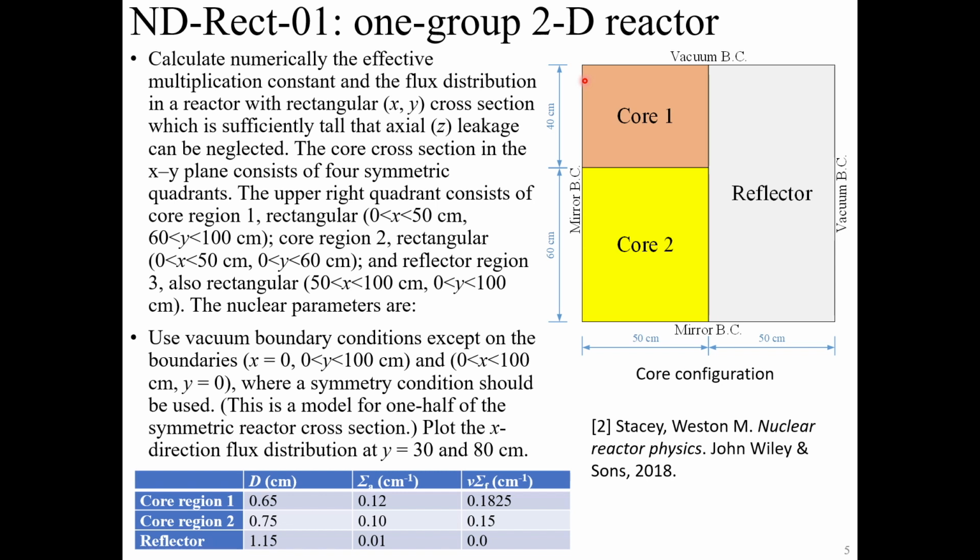When modeling this figure, we need to apply the vacuum boundary condition to the top edge and the right edge, and we need to apply the mirror boundary condition to the left edge and also the bottom edge.